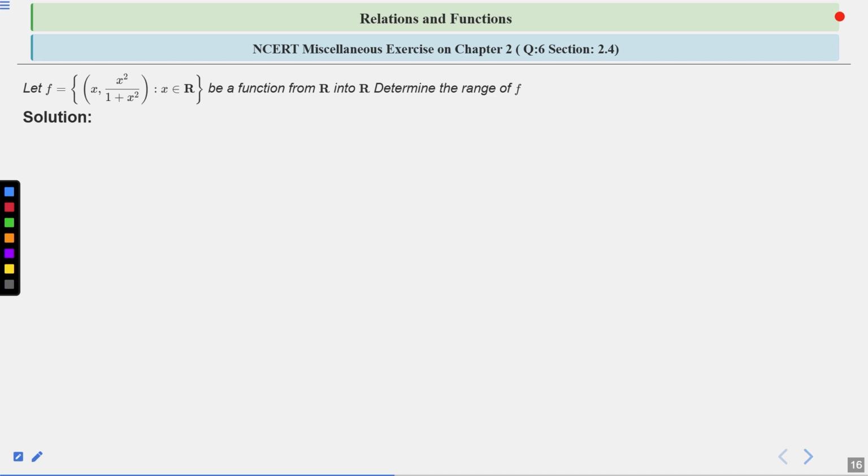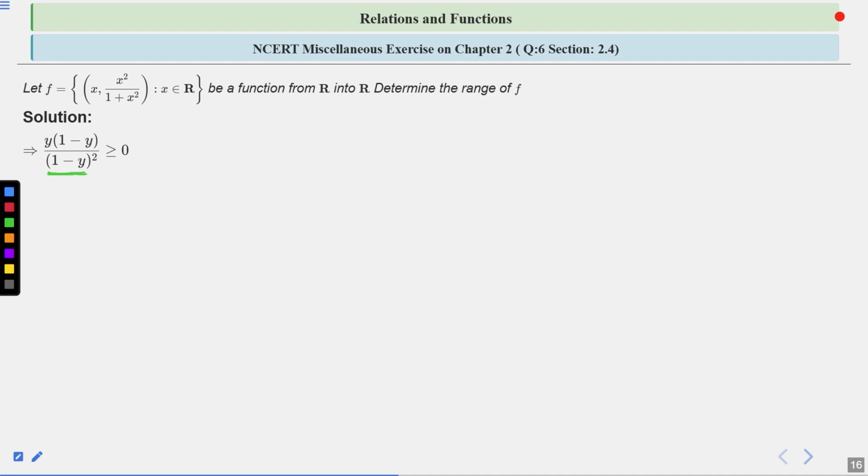So what I did is just multiplied 1 minus y in numerator as well as in denominator. Why I did? Quite simple, to make this denominator some positive thing. Yes?